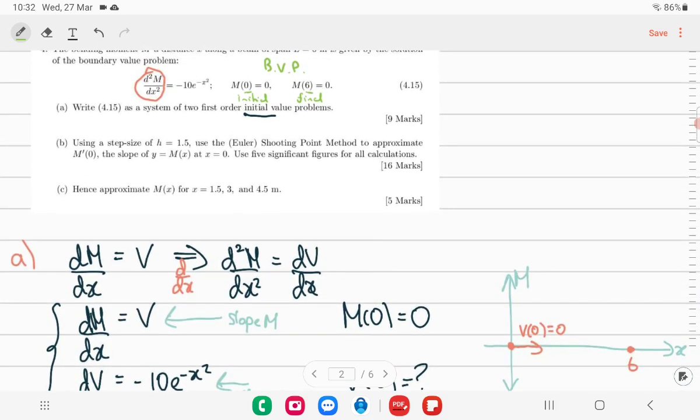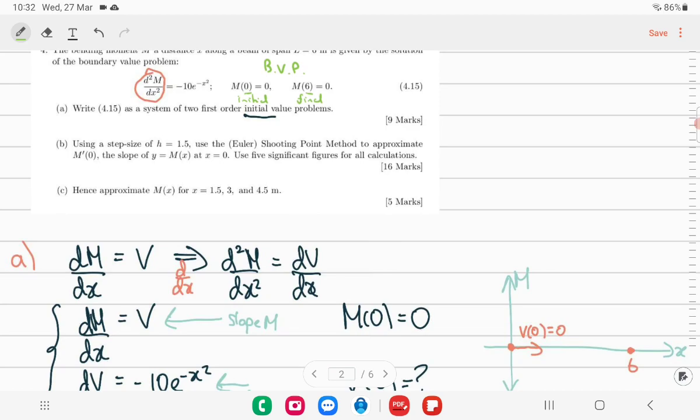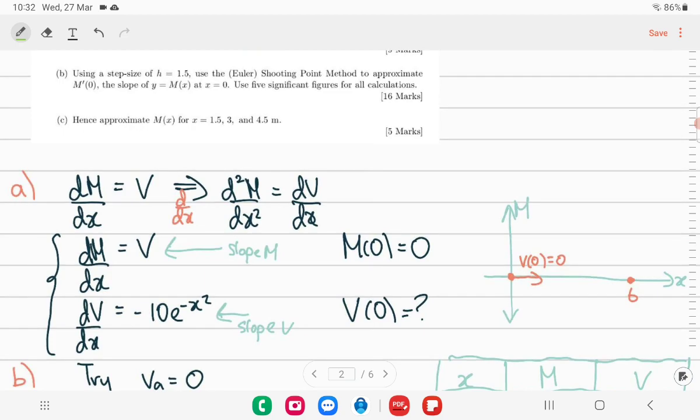So you introduce this new variable v, which is equal to the first derivative, and then you differentiate both sides with respect to x, and then you should be in good nick. If the differential equation is a bit more complicated, you can write it in terms of v, but here, not really necessary. You have that the second derivative of m is dv dx. So you can just replace that second derivative with dv dx, which is what we did below.